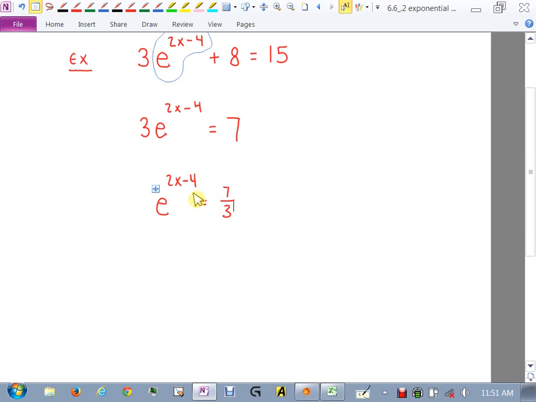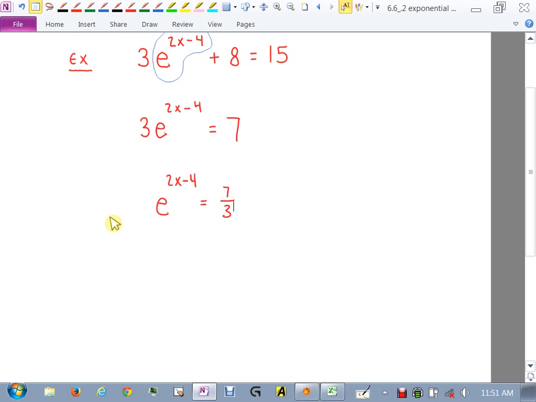Now, get this out of here. You can't just pull the x. You got to pull the whole exponent. Everything comes down, but you can't pull this down until you've done what? Can't pull the power down unless I have what out here? A log, right? You have to have a log.